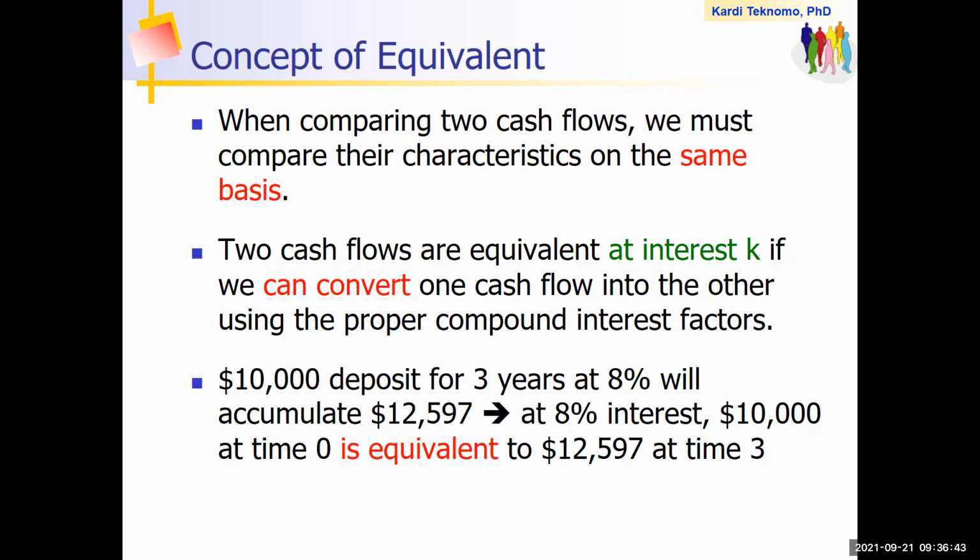Okay, so the two values, 10,000 and 12,597, they are actually the same value. When we say equivalent, that means they are actually the same value. Okay. The difference is the time and the interest rate.